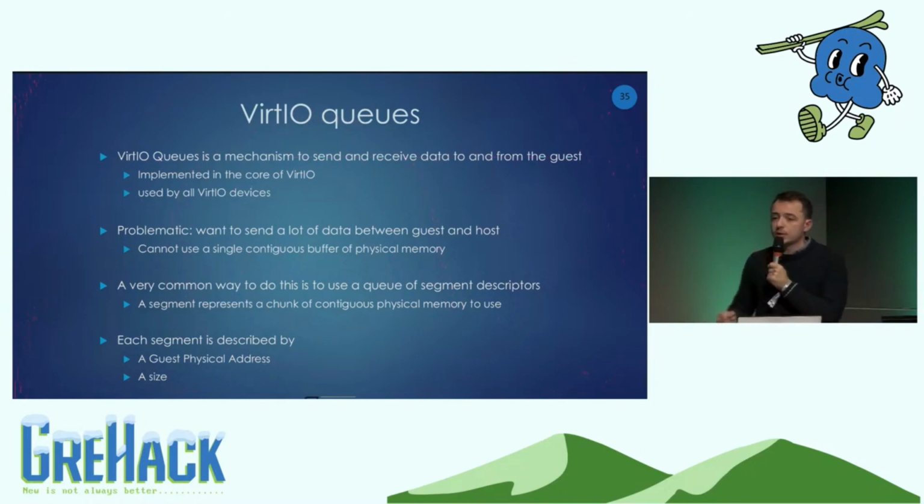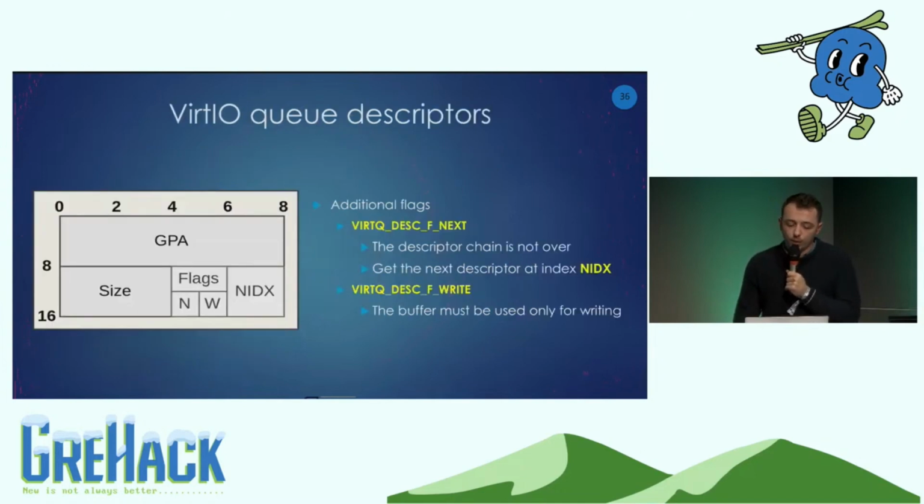So a very common way to do this is to have a queue of segment descriptors, where a segment will have a physical address and a size, and it will represent a chunk of contiguous physical memory. And you'll have a chain of those descriptors to actually have a very big size where you can put your data. So it's a very common way to solve sending and receiving data for hardware or for hypervisors.